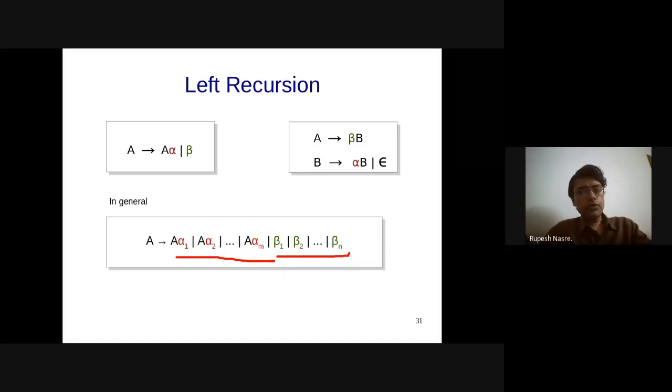Then can you tell me what will be the general rule? So A derives something and then B derives something. That's what I want you to write down.